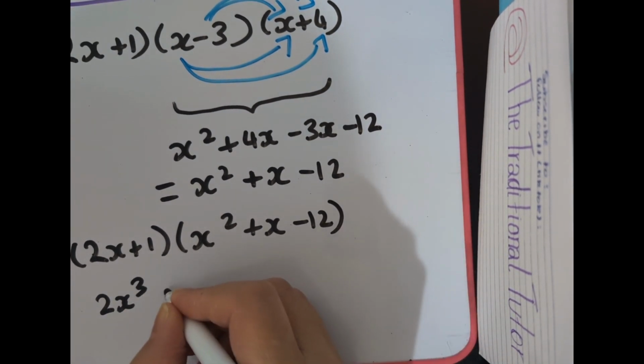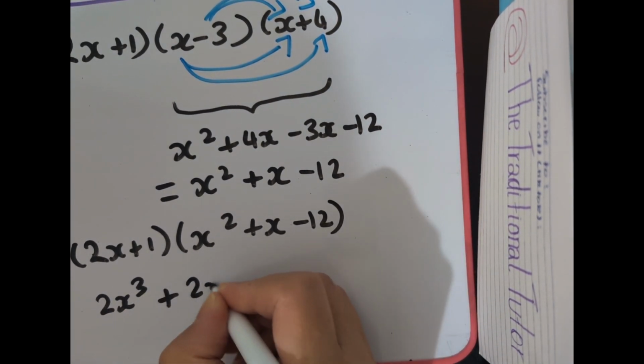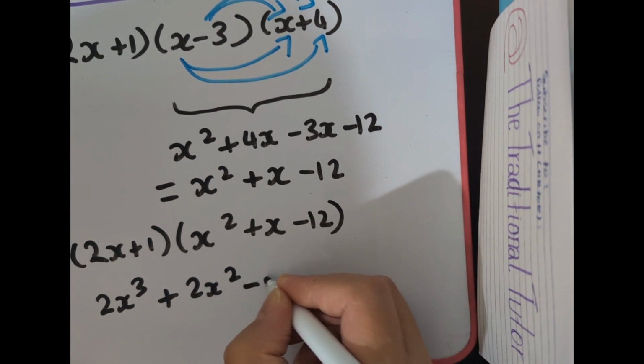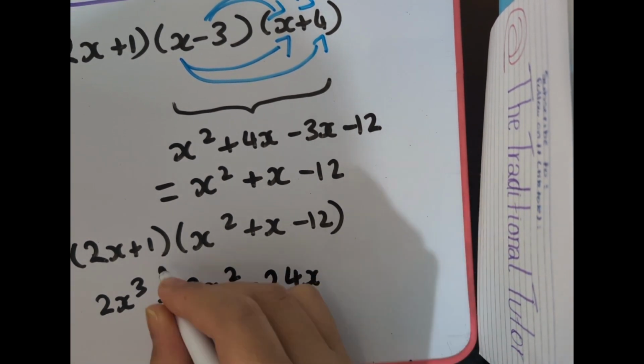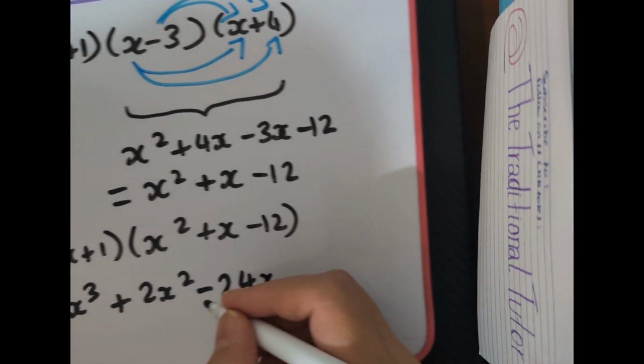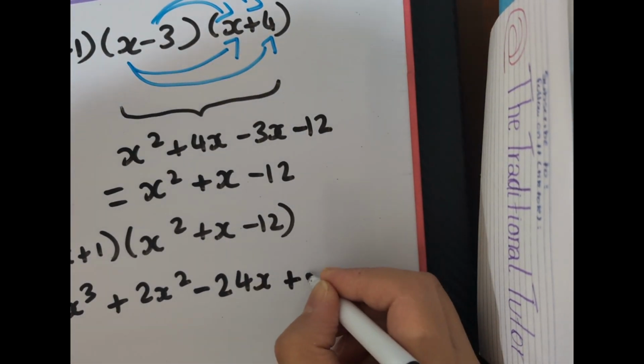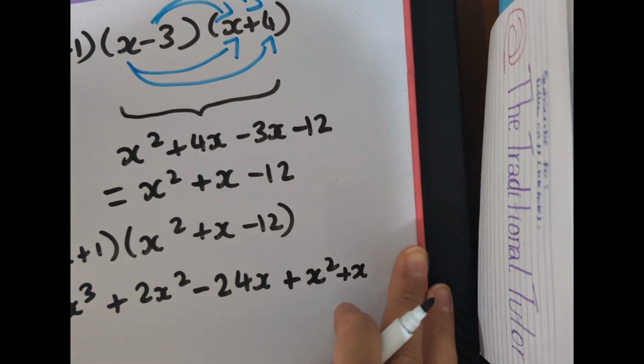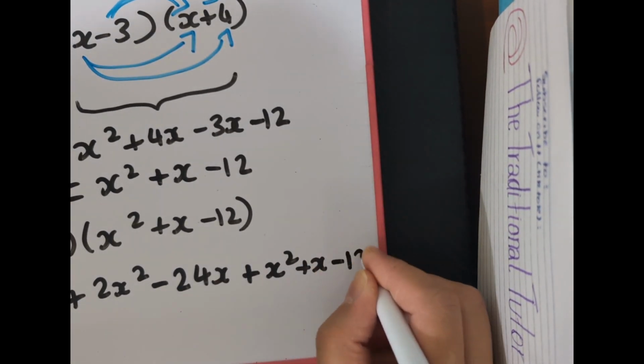Then 2x times by plus x gives me 2x squared. 2x times by negative 12 gives me negative 24x. Plus 1 times by x squared gives me plus x squared. And then plus 1 times by x just gives me plus x. Plus 1 times by negative 12 just gives me negative 12.